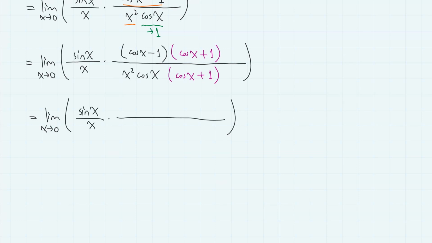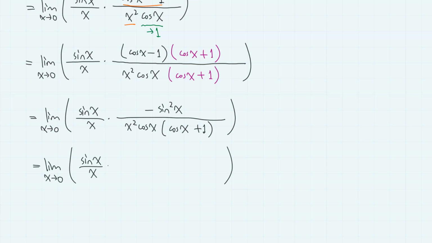Then on the numerator, we have cosine squared x minus 1, which equals minus sine squared x. Therefore, we can take out sine squared x over x squared, and what remains now is negative 1 divided by cosine x times cosine x plus 1.